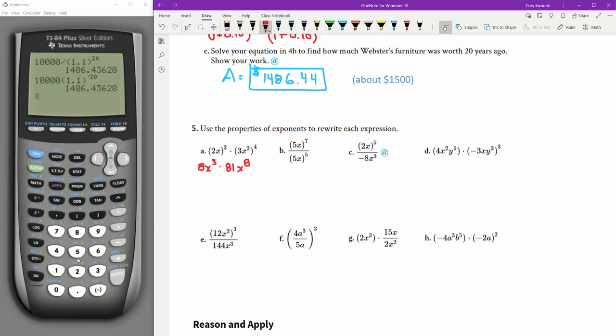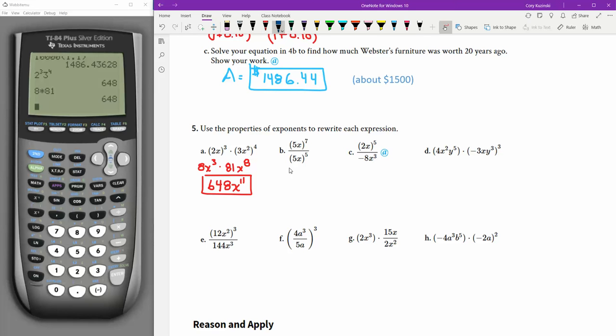All right, so 2 cubed times 3 to the 4th is 648, just like 8 times 81 is 648. So 648 x to the 11th, because now we're multiplying numbers of the same base, x, so we add the exponents. There we go.